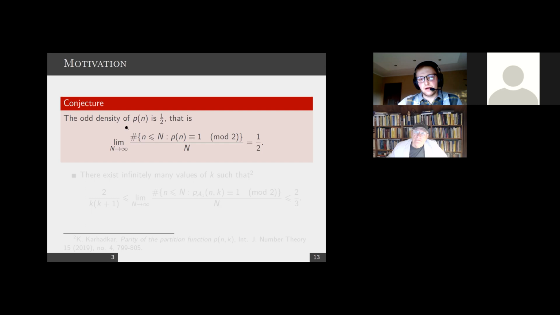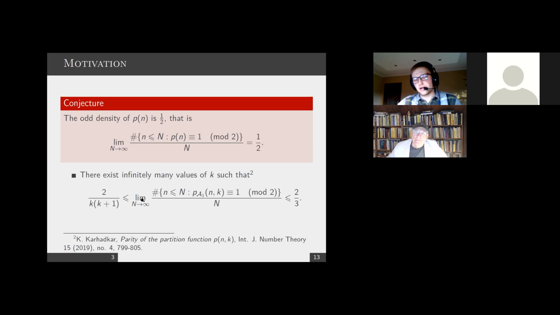So it is one goal of this talk, and there is another one which is connected with the result obtained by Karhatkar in 2019 for a sequence of consecutive positive integers. He proved that the restricted partition function in this case is bounded from below by 1 over the sum of the first k positive integers, and from above by 2 over 3.